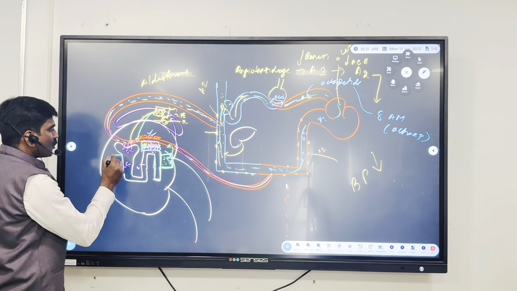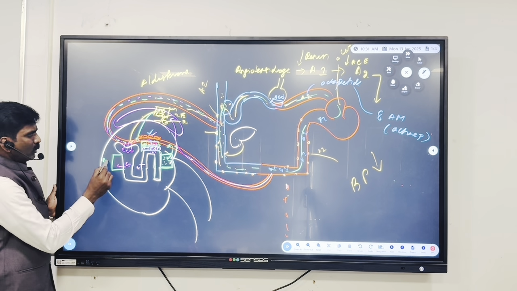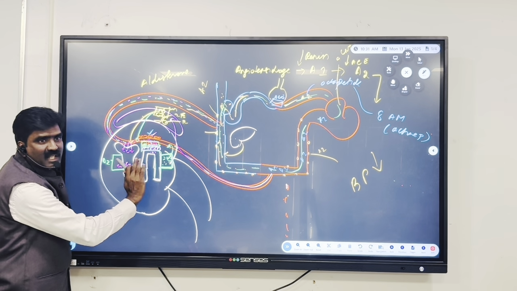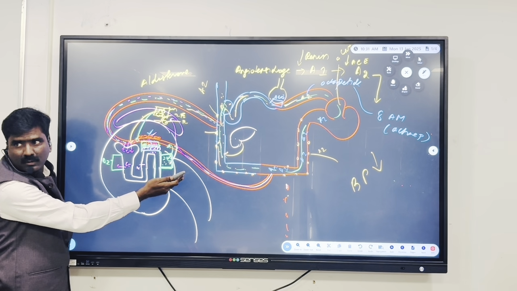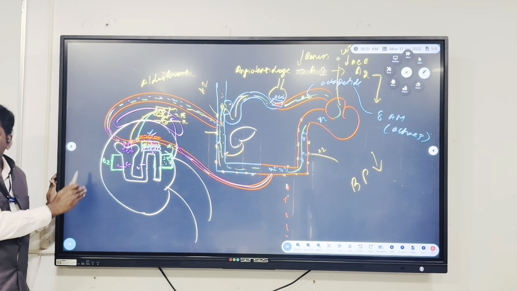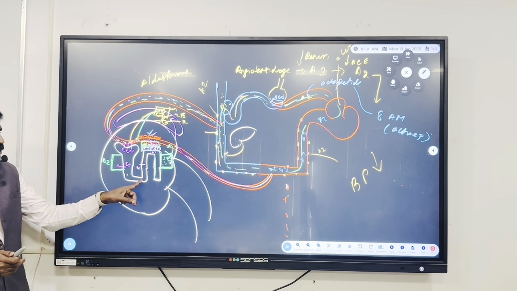And it also acts on the proximal convoluted tubule. These are the cells nearby the proximal convoluted tubule, and this is the loop of Henle, this is the distal convoluted tubule, and this is the collecting tubule.